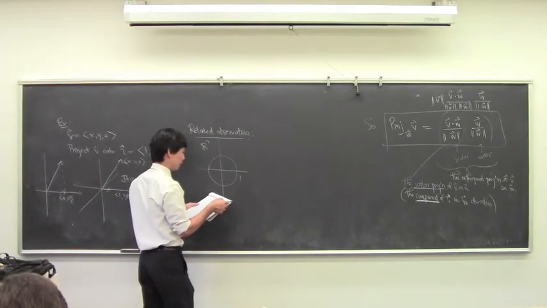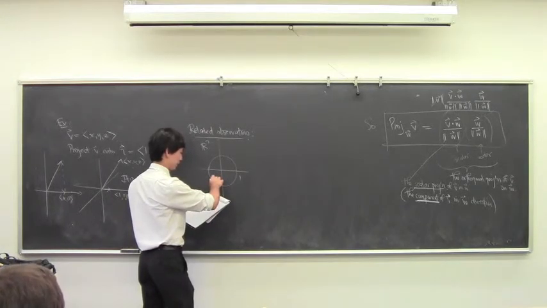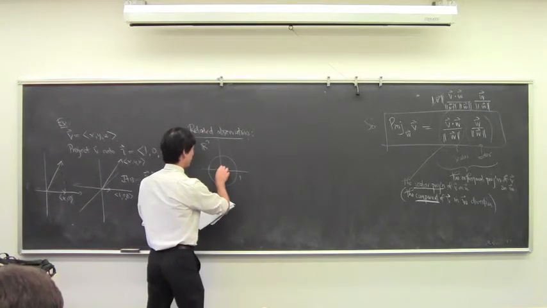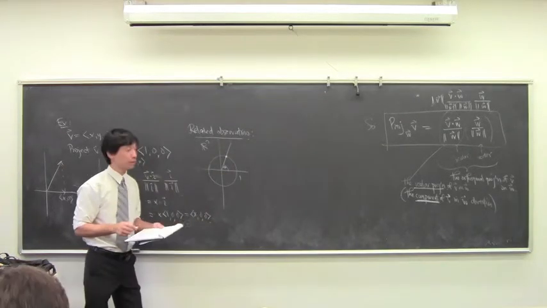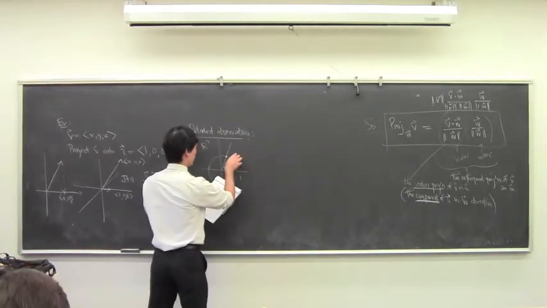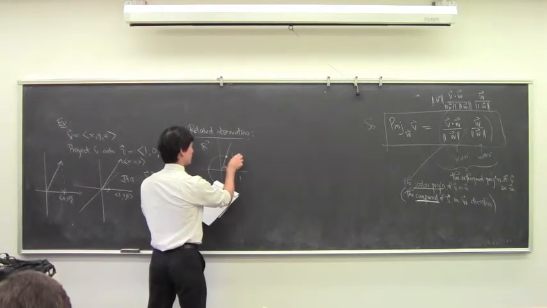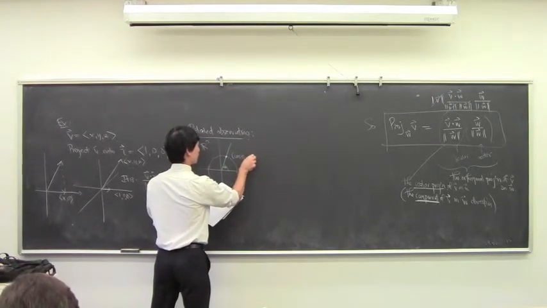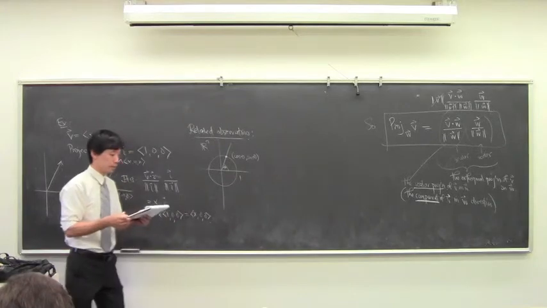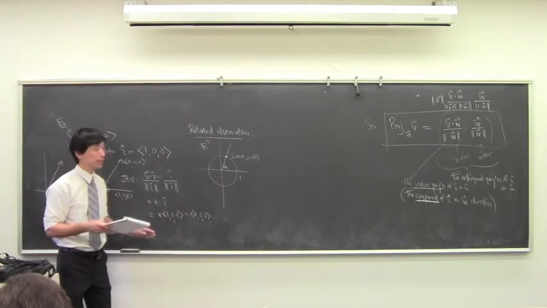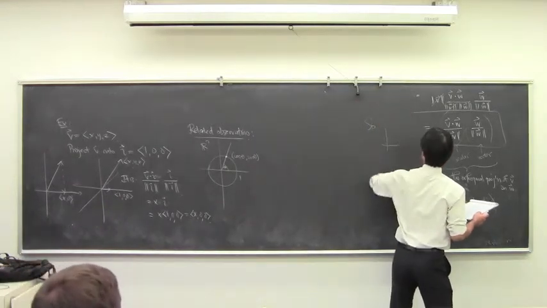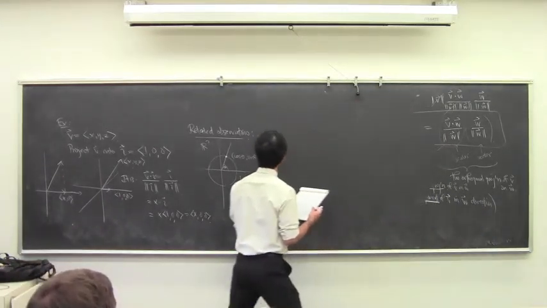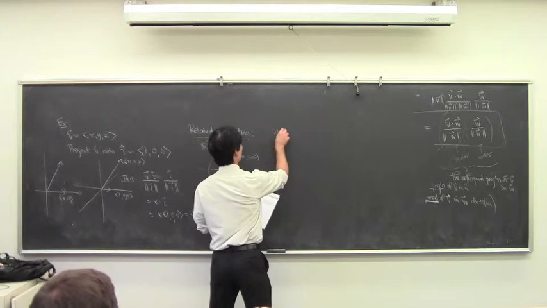Remember, if you have some angle theta, then this point is cosine theta, sine theta. Okay. So now what happens in R3? What about in R3?